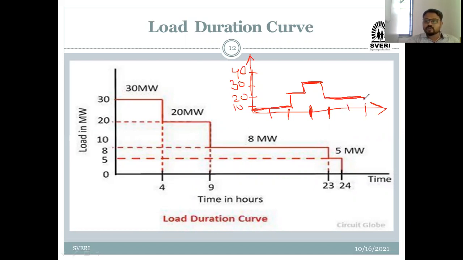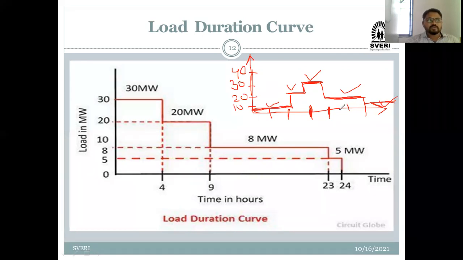And from here onwards, my demand is 5 megawatt. Let's consider this is 30, this is 20, this is 8 megawatt, and this is 5 megawatt. This is actually our load curve.